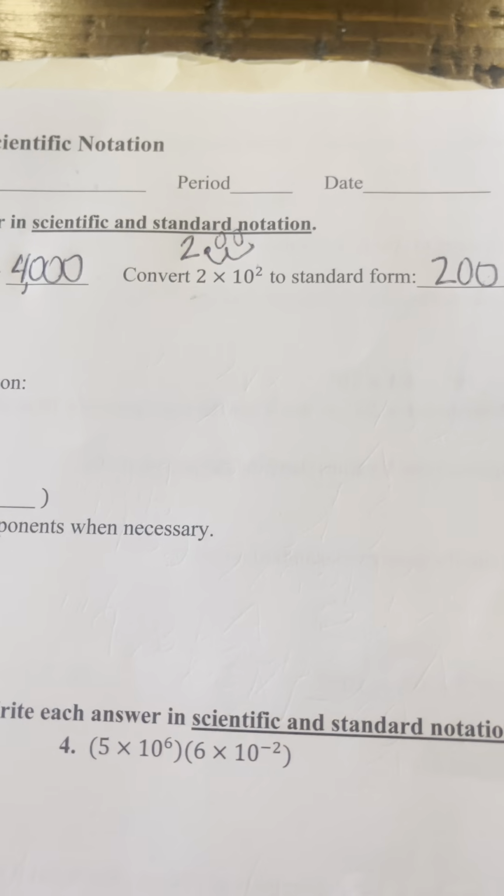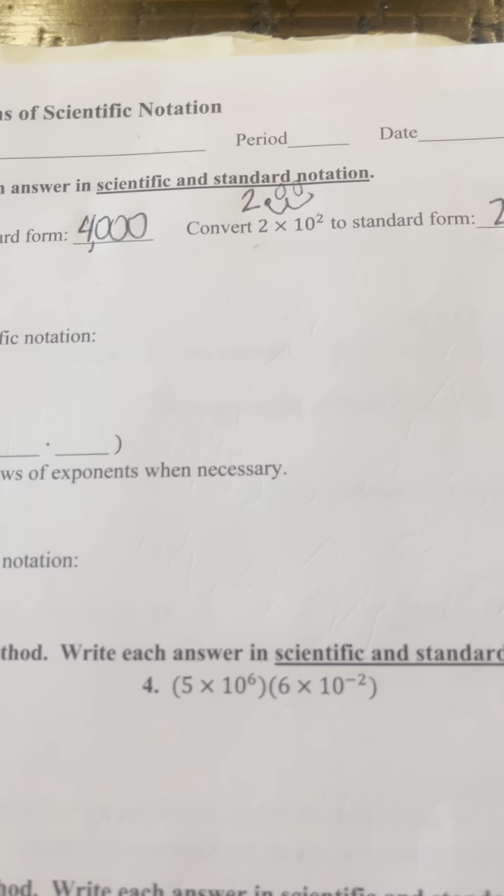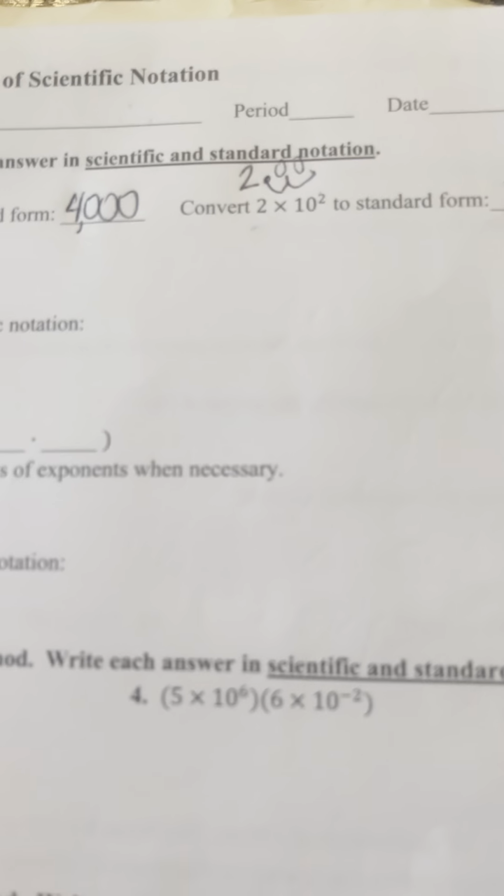So now that we have converted to standard form, they want us to write the answer in scientific notation. The first thing we have to do is multiply our 2 numbers. So we're multiplying 4,000 times 200. Get your calculator and multiply that. And when you multiply it, you will get 800,000.